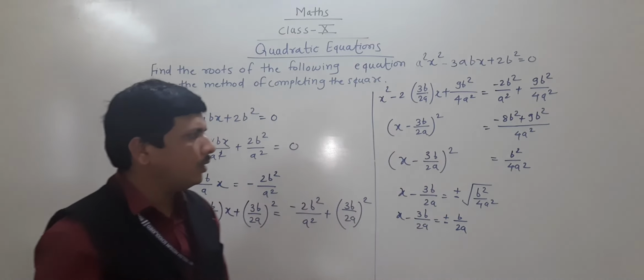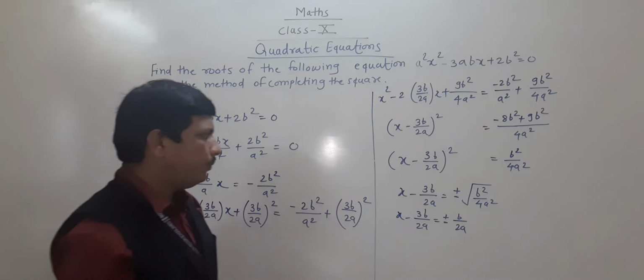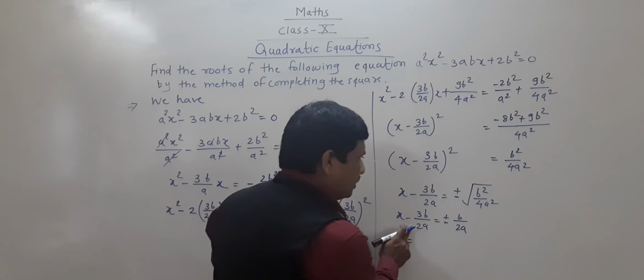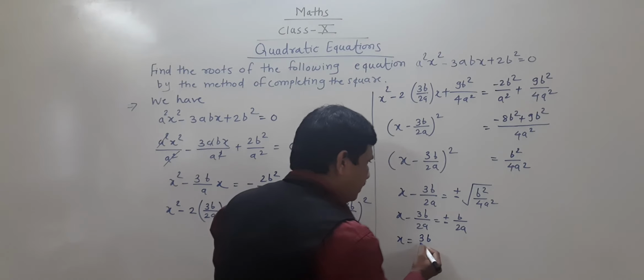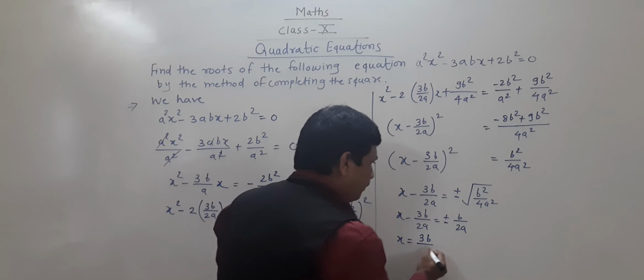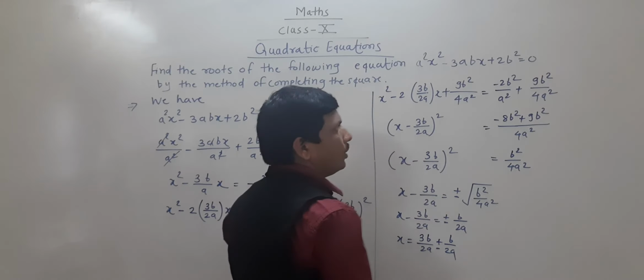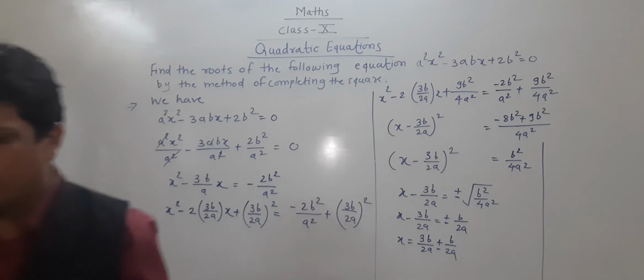The root of b square upon 4a square will be b upon 2a. Okay, so now we can say x is equal to, this term will be shifted to the RHS, that is 3b upon 2a plus minus b upon 2a.